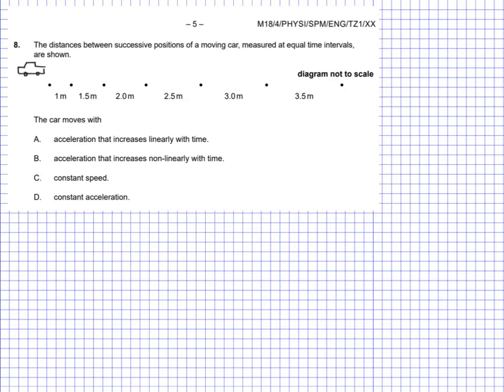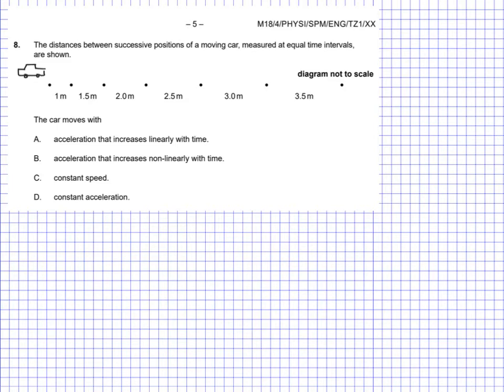So it starts here, and as it moves, it's going to go 1, 2, 3, 4, 5, 6, 7 seconds. These dots that we're making are evenly spaced in terms of time, but obviously the gap between them is increasing. So we need to figure out what's going on here, the type of motion.